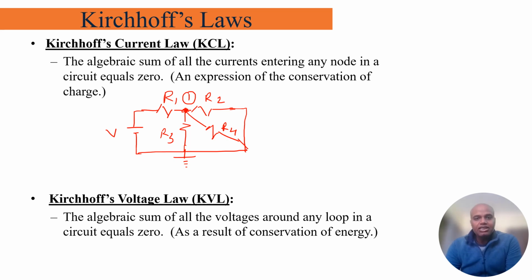Some of us can argue that the second terminal of R2 is meeting at this point. Similarly, the second terminal of R4 branch is meeting at this point, and similarly the second terminal of R3 is meeting at this point, which is nothing but a similar point. So we can argue that this is again one of the nodes.